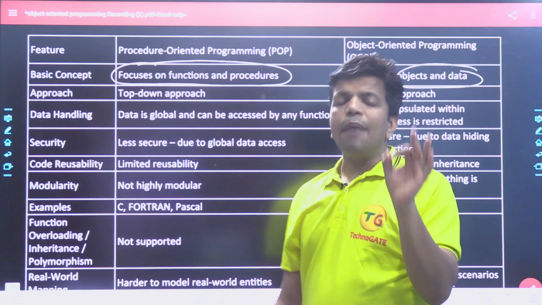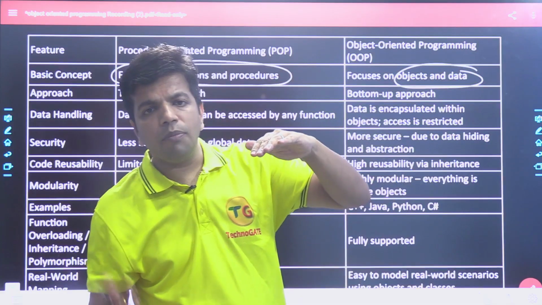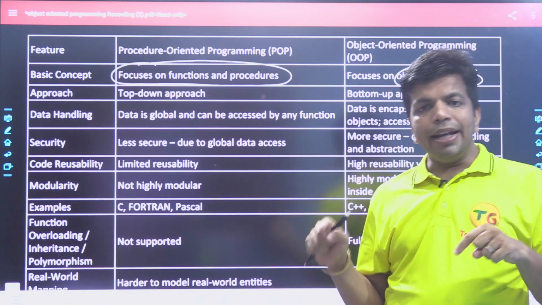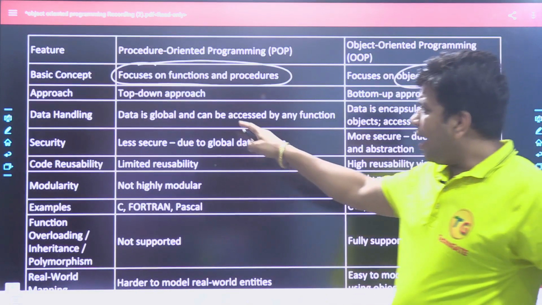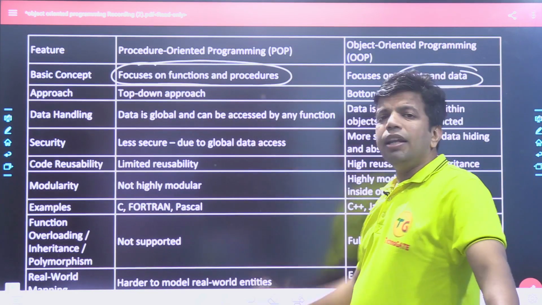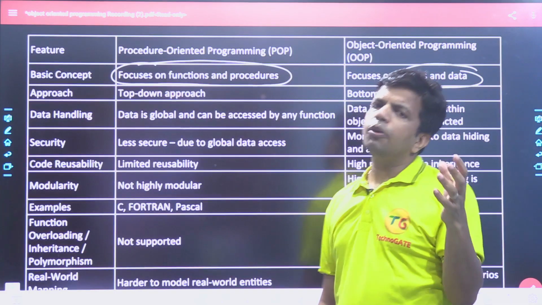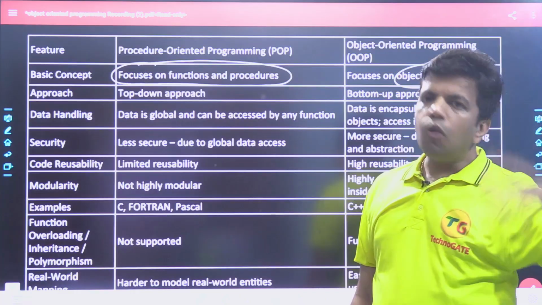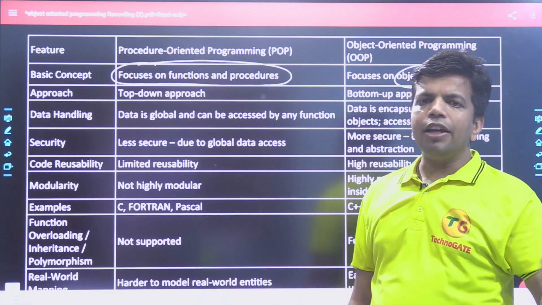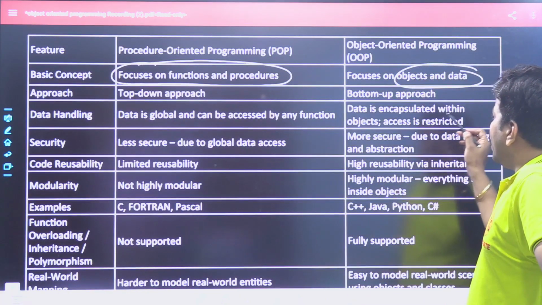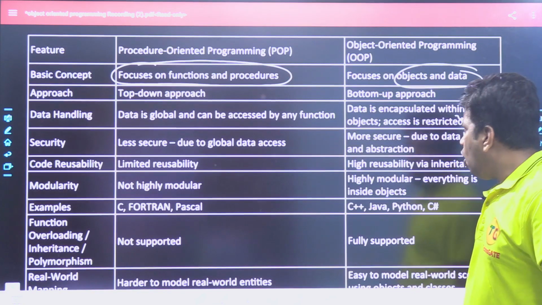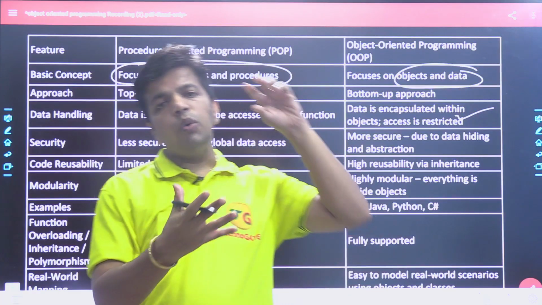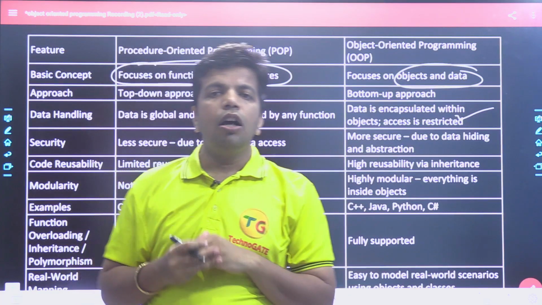Procedure oriented programming is a top down approach, object oriented programming is a bottom up approach. If we are talking about data handling, in procedure oriented programming data is global and can be accessed anywhere in the function. You can make global data and access that data throughout the program and in each and every function. Here data is encapsulated within the object and access is restricted. We are going to encapsulate that data in an object.